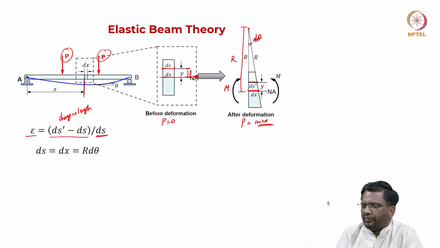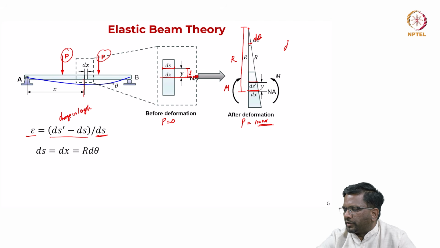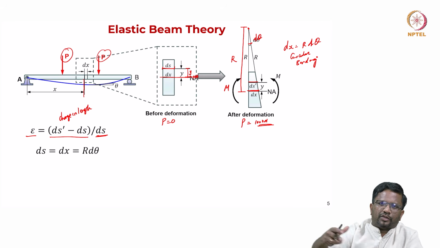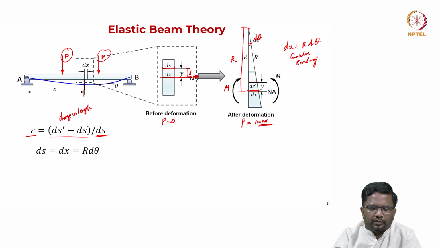You know that before deformation, both lengths ds and dx are equal, and dx is nothing but r into d theta from circular bending. If I assume this deformation along the neutral axis to be circular, you can take dx as r into d theta. So, now we calculated ds and dx is equal to r into d theta.